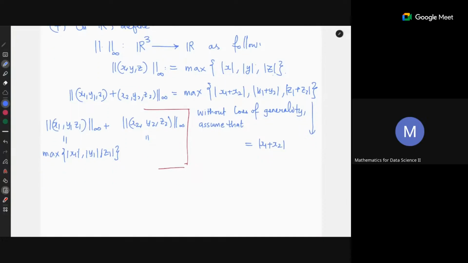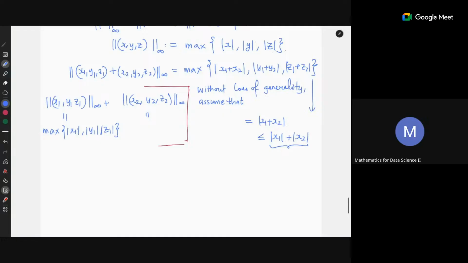Now, on R1, we know the absolute value of the sum of two numbers is smaller than the sum of their individual absolute values. So this is always smaller than this, because x1 and x2, either of them can be negative, but this thing will always be positive. So they are either equal or larger. So this is clear, right?